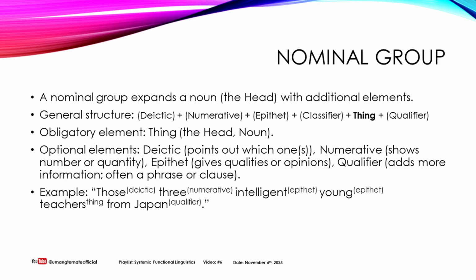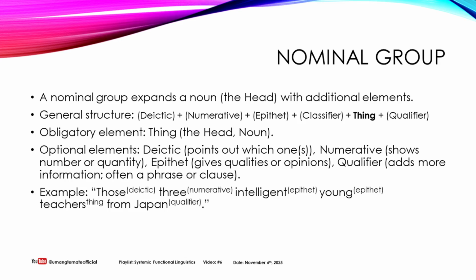Also, you need to know the difference between an epithet and a classifier. An epithet describes the quality or your opinion about the thing, while a classifier categorizes or classifies the thing objectively, as the term suggests. After the thing, you can only add one element, the qualifier, to add more information to the nominal group. The qualifier can be a prepositional phrase or even a clause.